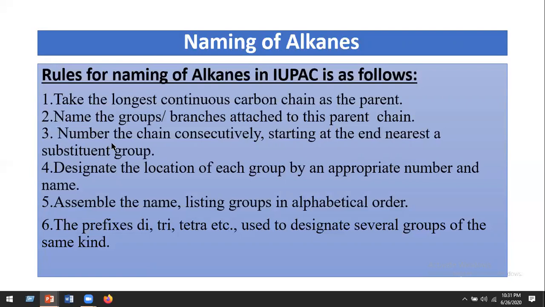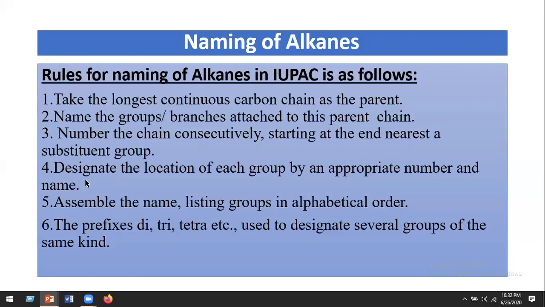Remember, after counting the longest carbon chain, the rest of the groups are called substituents or branches. Number three, number the chain consecutively starting at the end nearest the substituent group. Please remember, you have to count the longest carbon chain, and give numbers to the carbon chain keeping the branches at the lowest numbers.